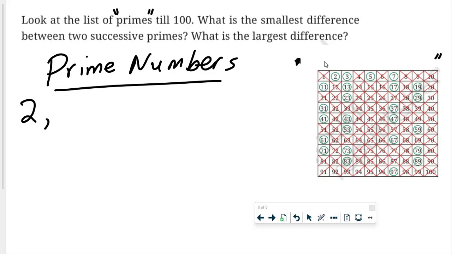For the purpose of this video, I'll copy paste the prime numbers from this table and put them here, so that you understand the concept.